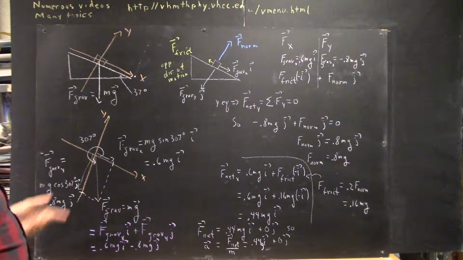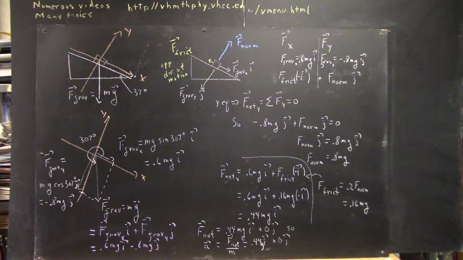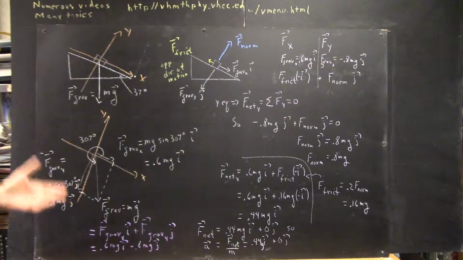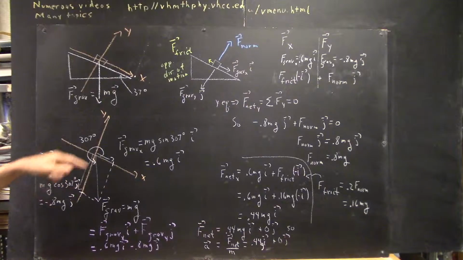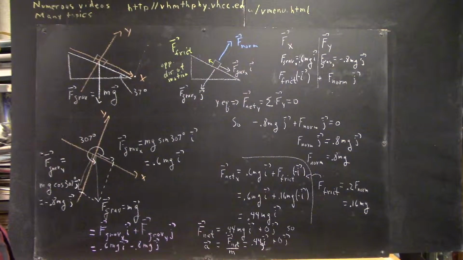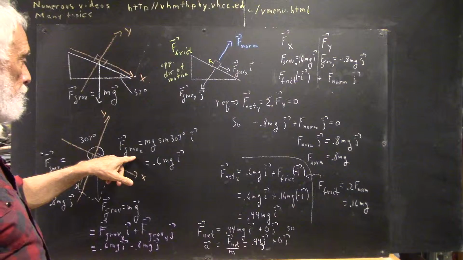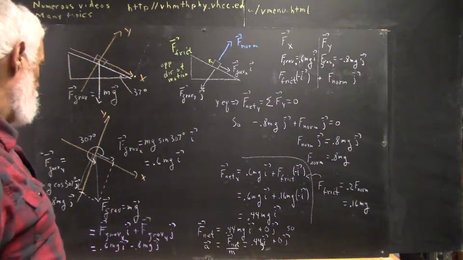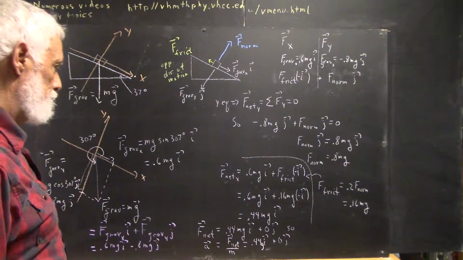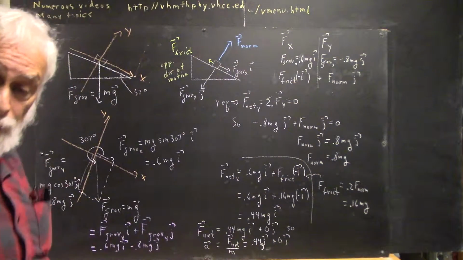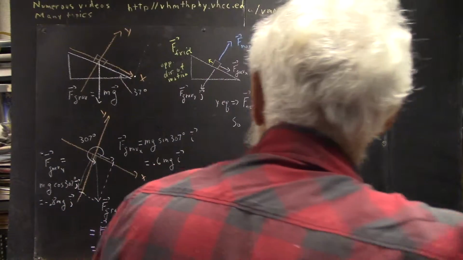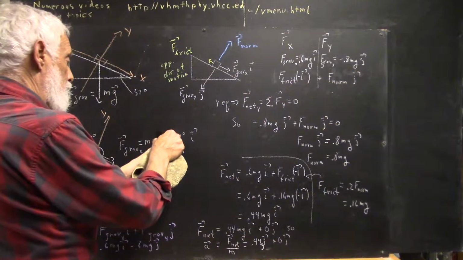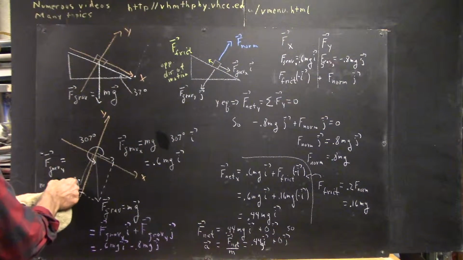Okay, well, we immediately replace this gravitational force with its x and y components. And without going into it, we have a 37-degree angle here, giving us an x component of the gravitational force that is mg sine 37 degrees times i. The 0.6 mg is correct, but that's the cosine, and this is the sine.